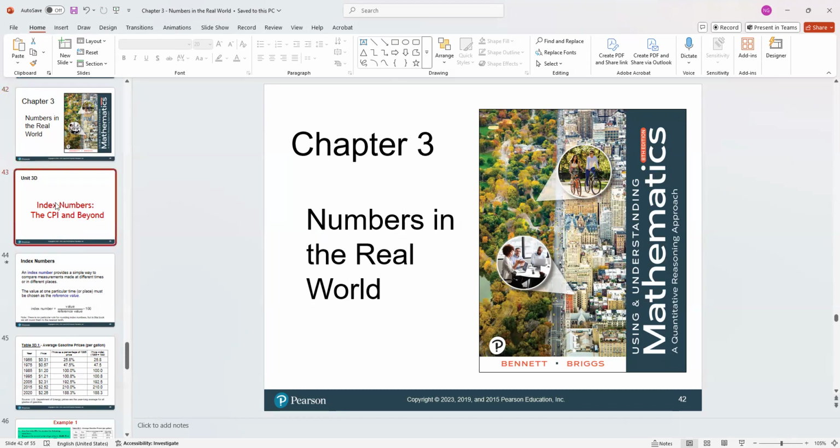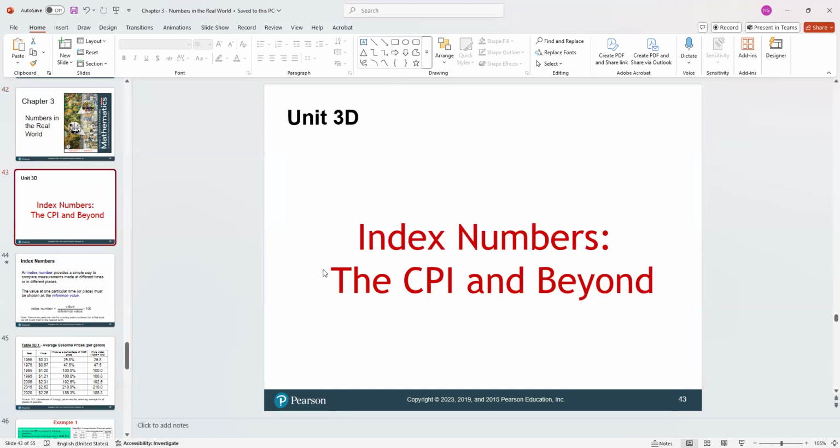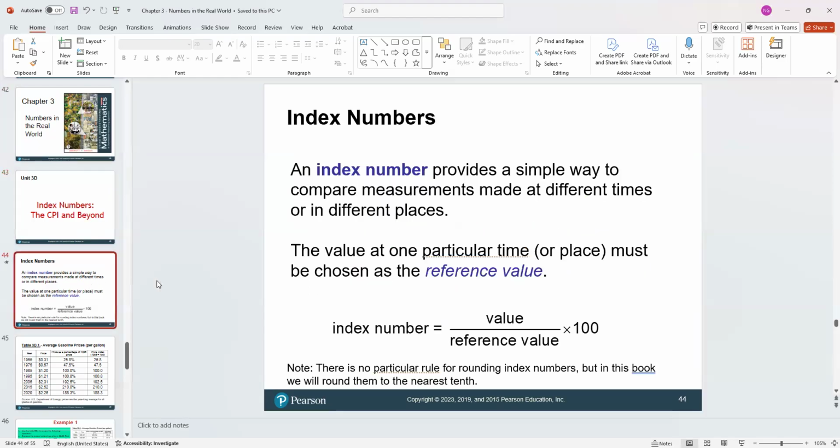One of the things you hear very often is index numbers such as the consumer price index, the producer price index, or the consumer confidence index. Index numbers are common because they provide a simple way to compare measurements made at different times or in different places.